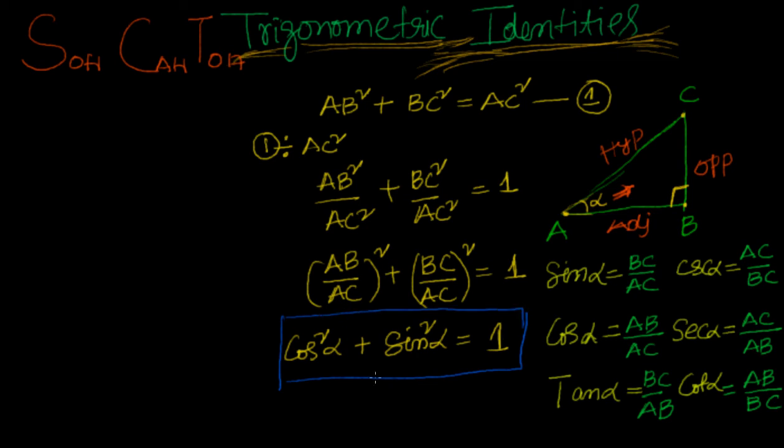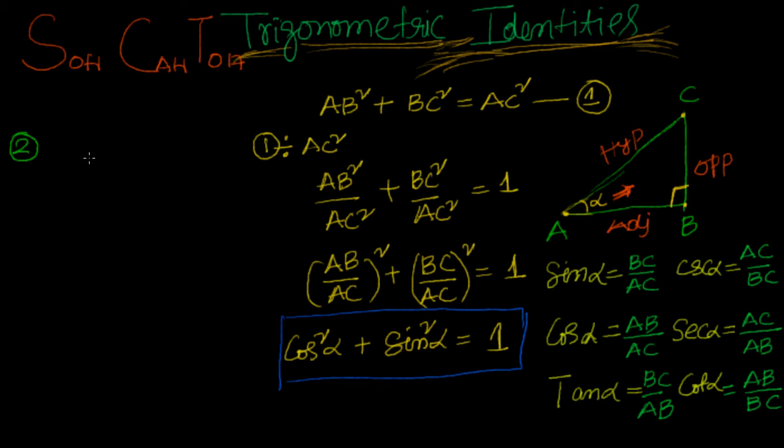Okay. Now let us do the second one. For the second one, we want a relation between secant and tan. Secant and tan, you can see, have AB at the denominator. So if I divide this equation 1 by AB square, then I should get something in secant and tan.